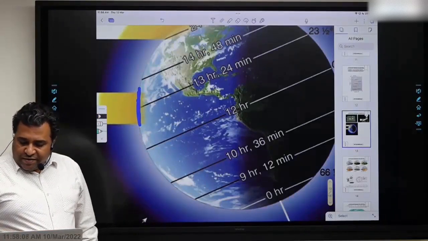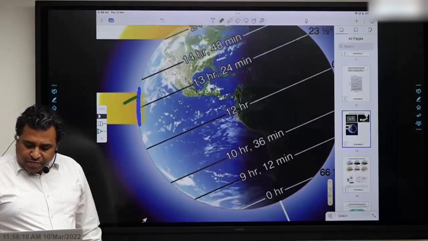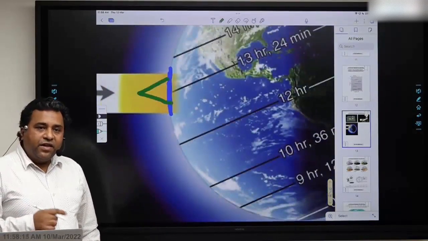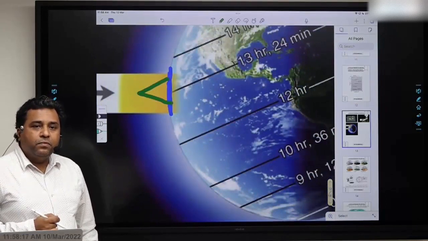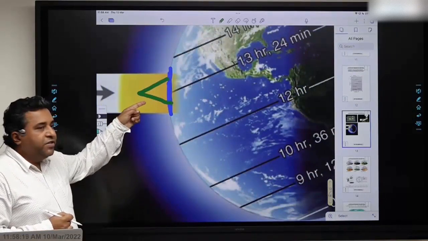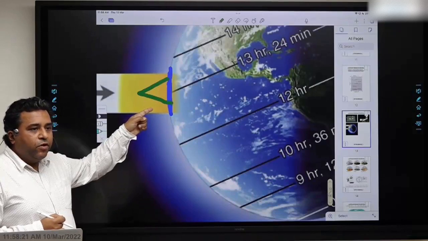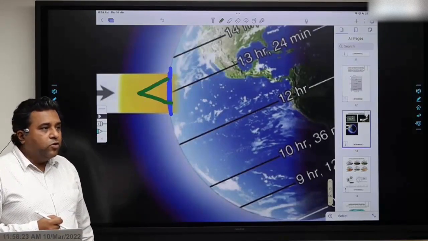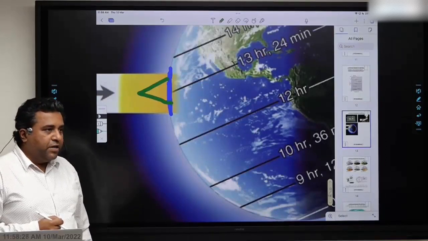But rather than flat, if this region was mountainous, will the sunlight fall perpendicular on the mountain? On this mountain surface, if you are standing here, will the sunlight fall perpendicular? Yes or no? We need to apply geometry here.